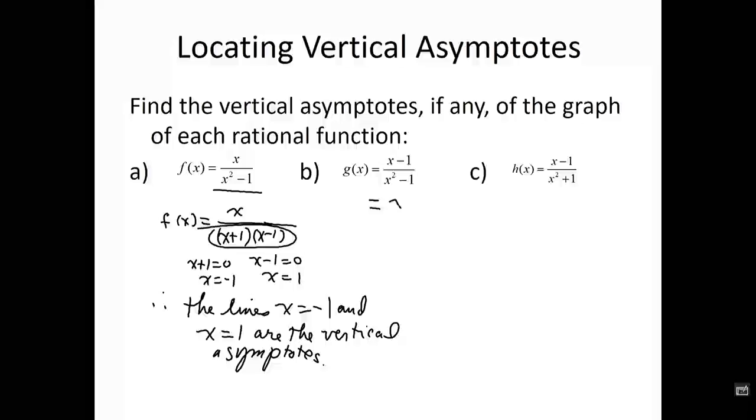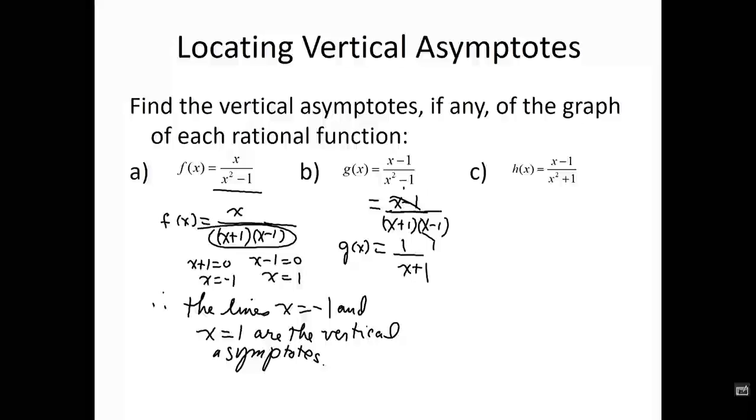So x squared minus 1 can be factored as x plus 1 times x minus 1. And if I simplify, I get g of x is equal to 1 over x plus 1.